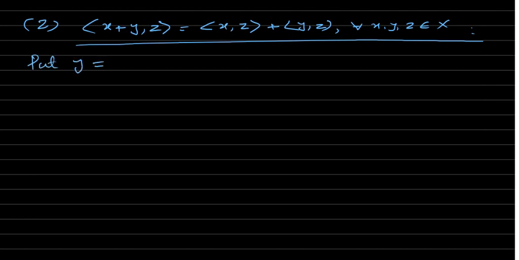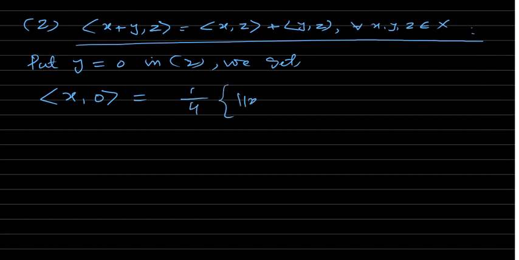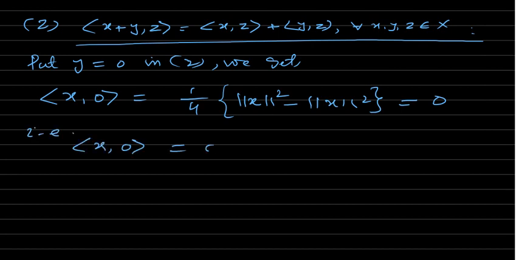Put y equal to 0 in 2, we get 1 by 4 times norm of x plus 0, minus norm of x minus 0, it's again x. So this is equal to 0. That's inner product of x with 0 is 0 for all x in X.